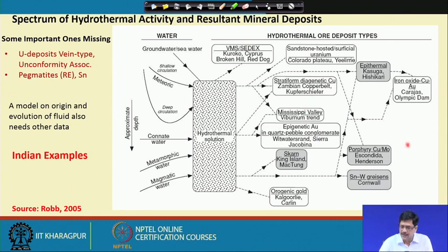For example, in the case of porphyry copper deposits or orogenic gold deposits, there are many instances in which the inclusions are analyzed with the microanalytical techniques, a topic we will be discussing in the later part of this lecture series, in which various metals could be analyzed directly from the inclusions, either by destroying them or with non-destructive techniques.